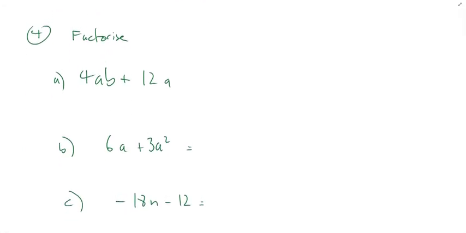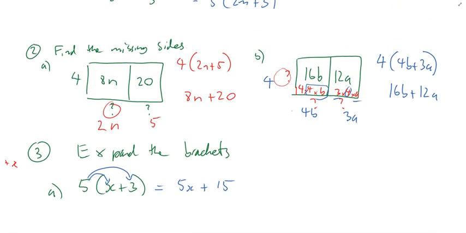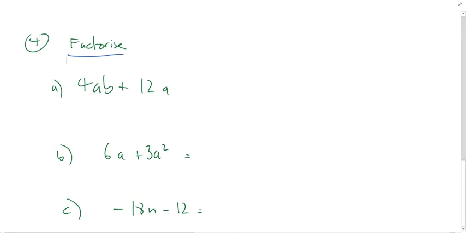Now factorising is like this sort of thing. We're trying to find, so to make it easy for myself, I might even draw my little box, 4ab and 12a. Now, I know that 4 goes into 12, and there's an a there too.